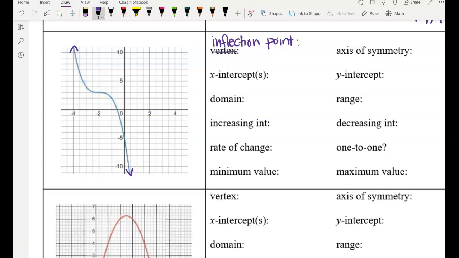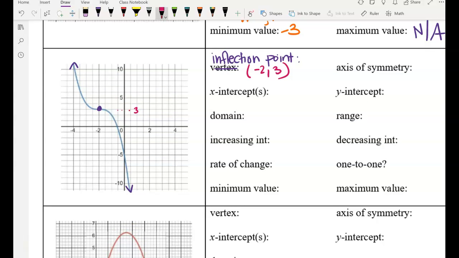It's where we have a graph that changes from opening upward, as you can see here, to opening downward. So we have an inflection point here at -2, looks like that's a 3. So -2, 3.